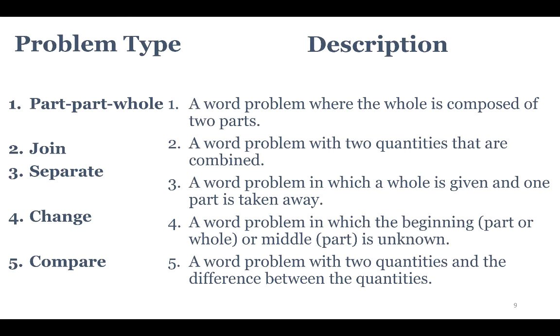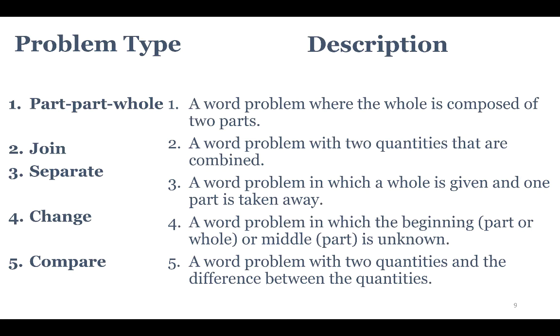Separate: a word problem in which the whole is given and one part is taken away. Oops, there we go, another key word. Change: a word problem in which the beginning, middle, or end part is unknown. And then compare: a word problem with 2 quantities and a difference between the quantities. Those are the essential elements of the problem types of word problems. So if we were to teach those elements explicitly and very directly to the individual, there's power there. And, of course, keywords go along with it, as we were just highlighting a moment ago.